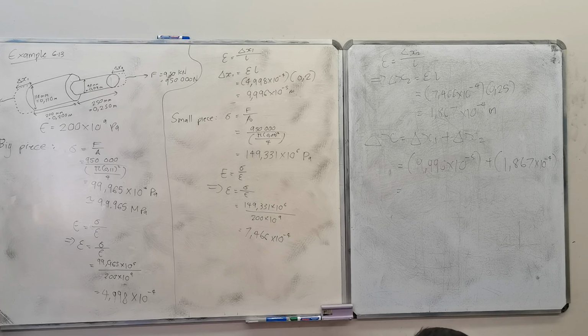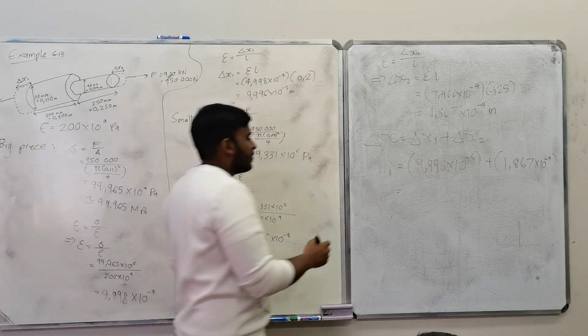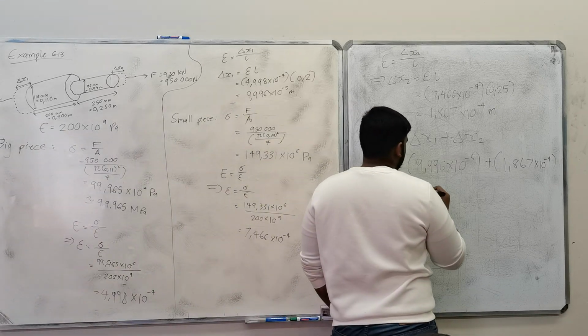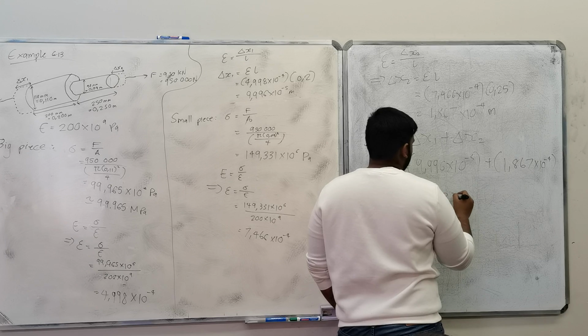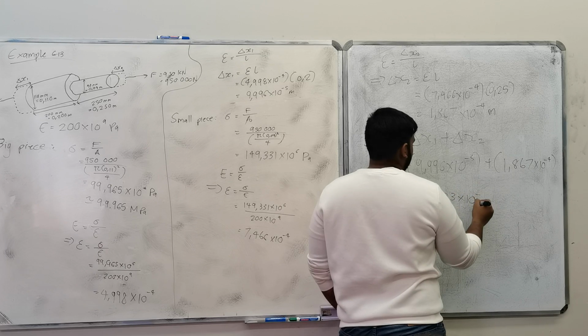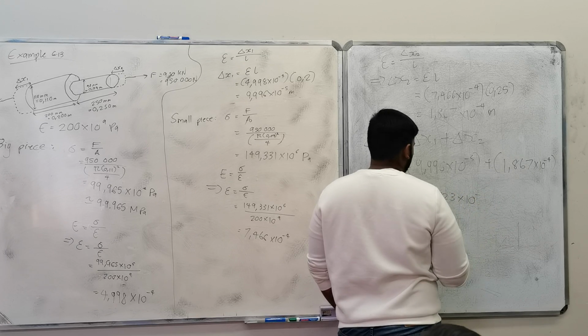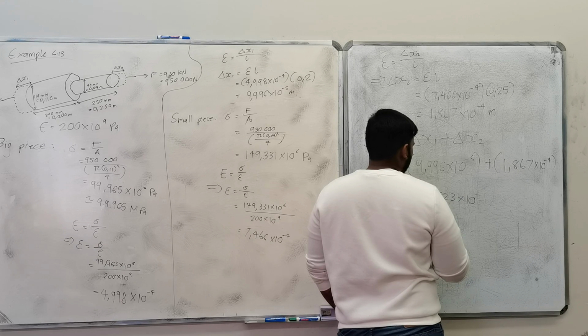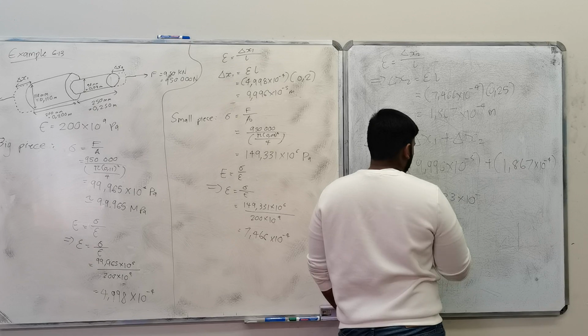So it's 286.623 times 10 to the minus 6. Or it could be 2.867 times 10 to the minus 10.